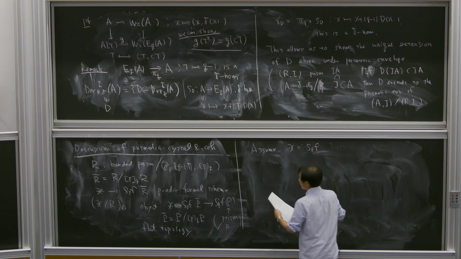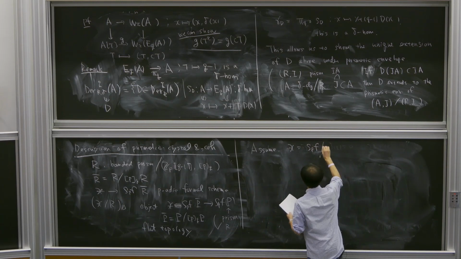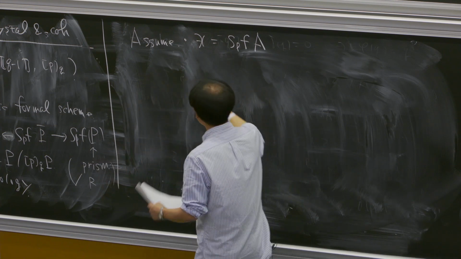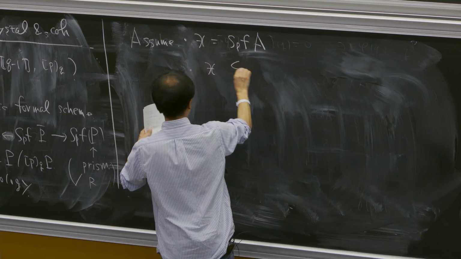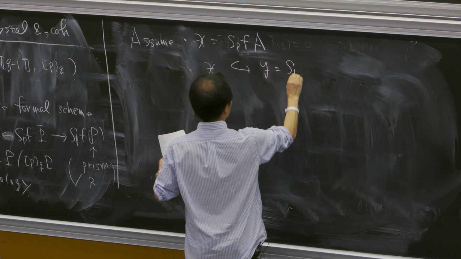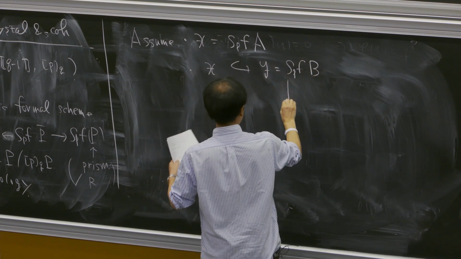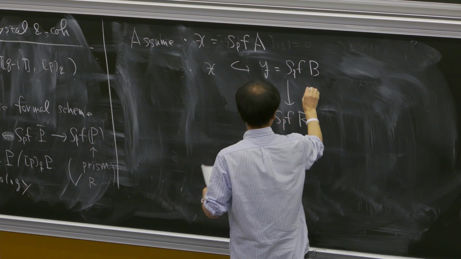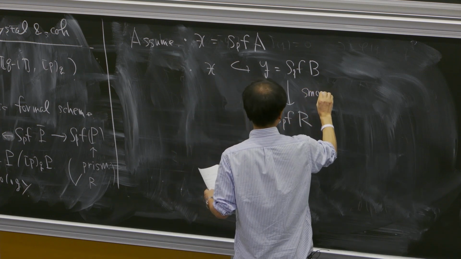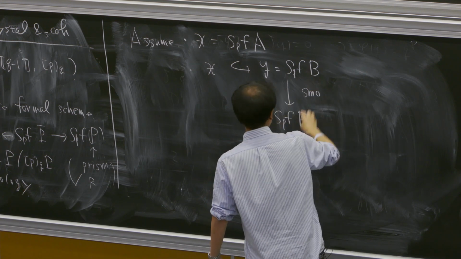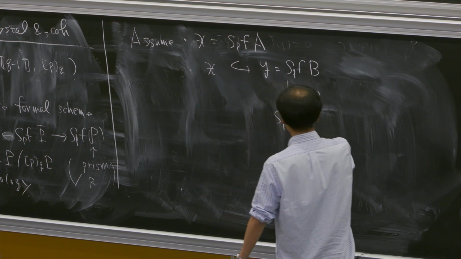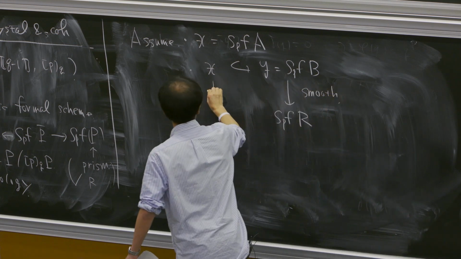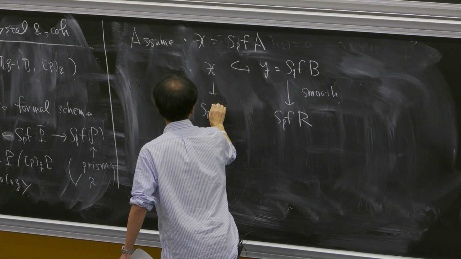And since we are interested in a local description, I assume that X is affine, and we are given an embedding into a formal smooth scheme, a formal scheme smooth over the formal scheme of R. And here we have a map.